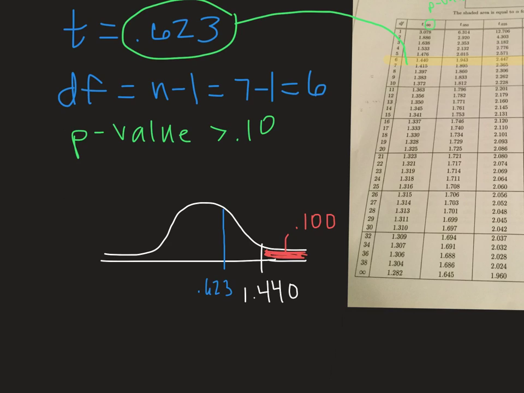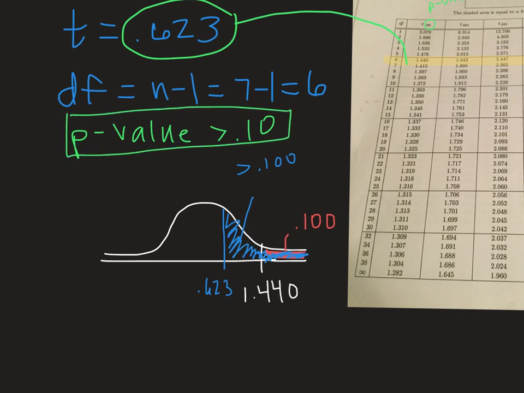Its area includes that 0.1, but it also includes something more. We do not know exactly what it is, but we do know that that area is more than 0.10. So that really is all we need to know. For this third step, we know that the p-value is greater than 0.1.